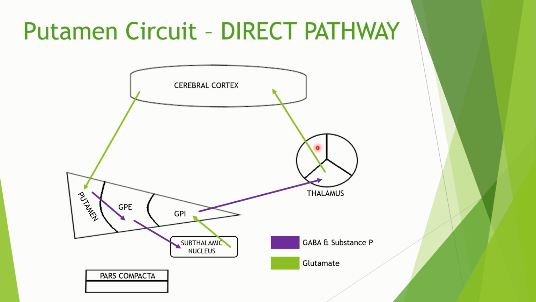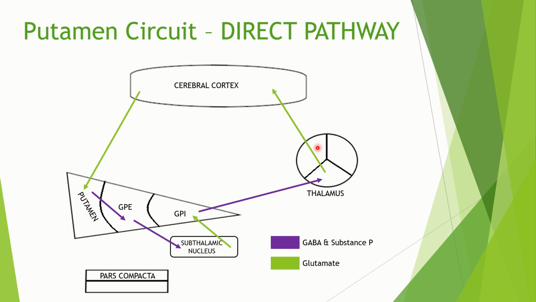And so just like the direct pathway, you have glutaminergic fibers coming from the cerebral cortex. However, these fibers act on special fibers coming from the putamen to the globus pallidus externa. The second fibers in the direct pathway would have been from the putamen to the globus pallidus internus.